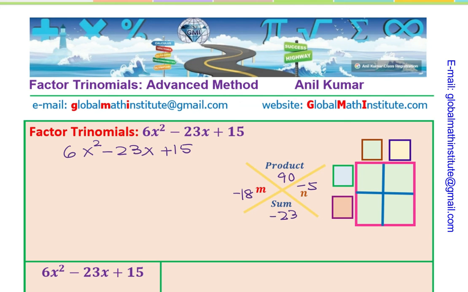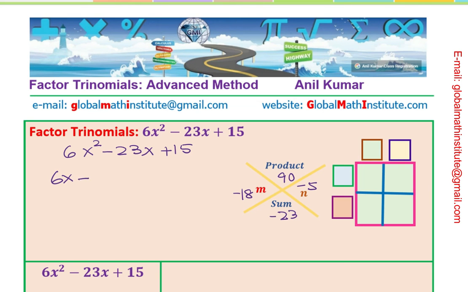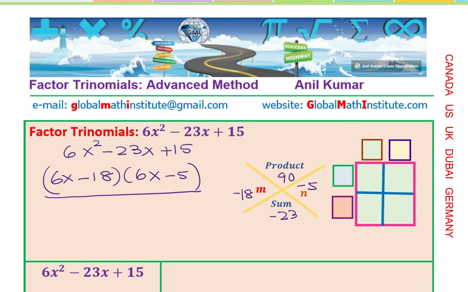Now to factor using the Australian method, we'll write this as 6x minus 18 times 6x minus 5. However, 6 times 6 is 36, so we have to divide this by 6, correct? Now, dividing by 6, the first one, 6x and 18, can take care of this 6, right?